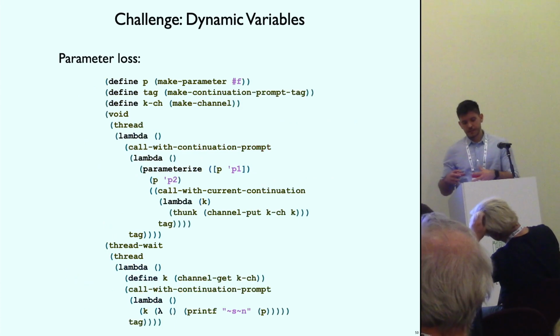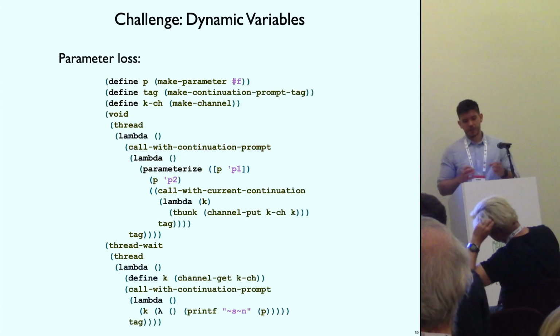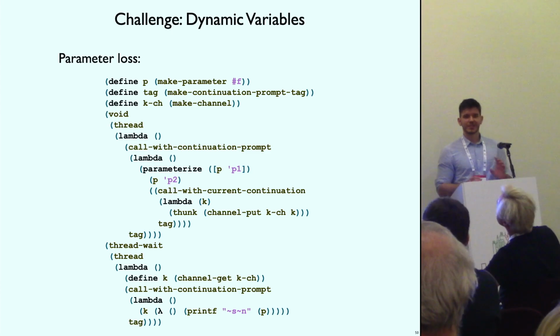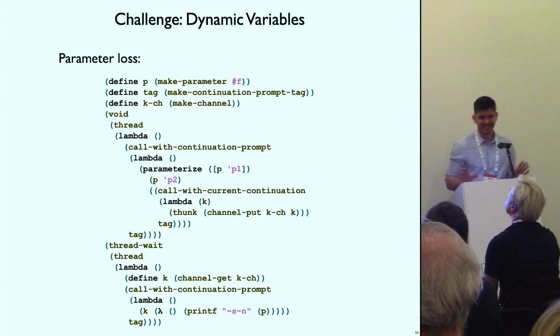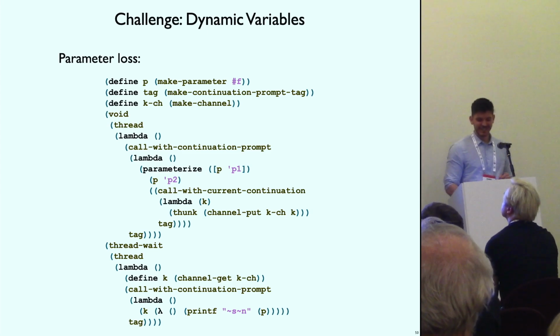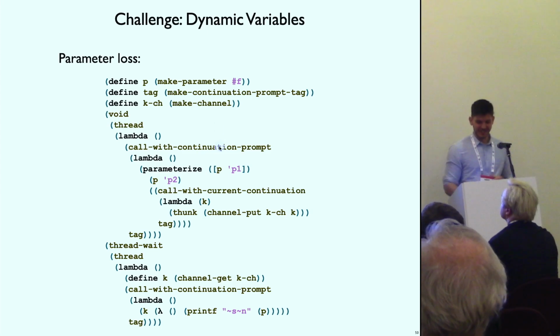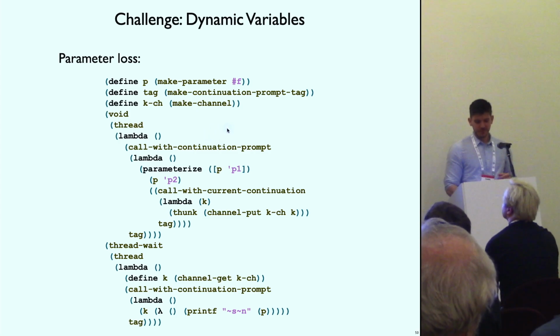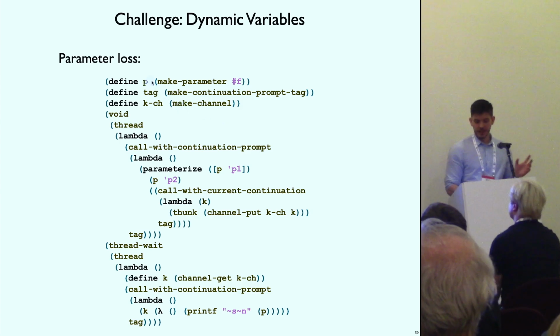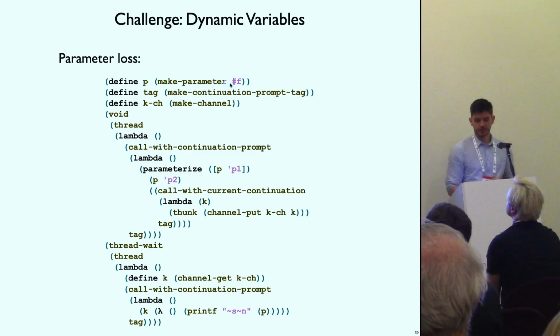And that can, when you combine threads, parameters, and continuations, and I'm sorry about this example, it's as minimal as it gets, but it's extracted from our system, you can have this kind of parameter loss issue, where here I have a parameter, p, whose initial value is false.